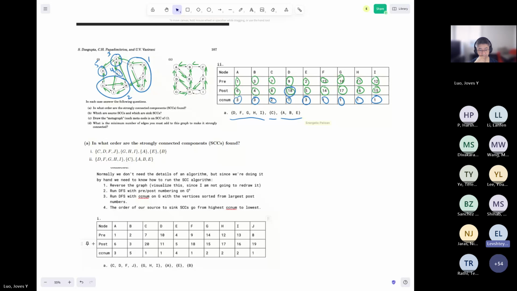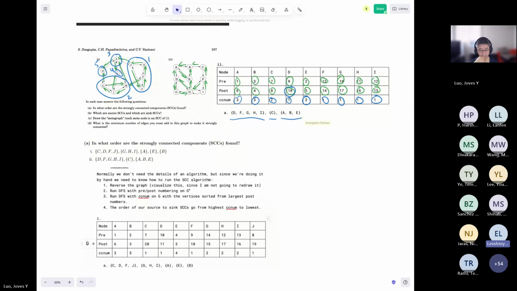So one of the important things is that you run DFS with the vertices sorted from largest post number to smallest. That's an important part of the algorithm. I think there was a question about whether that is modifying DFS, if you're specifying that you're running DFS with these vertices sorted in this way, and that's how you choose.